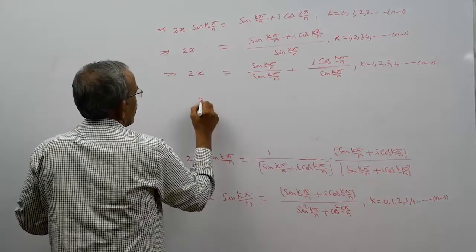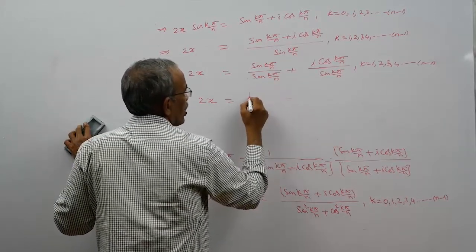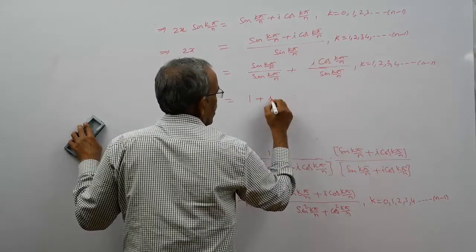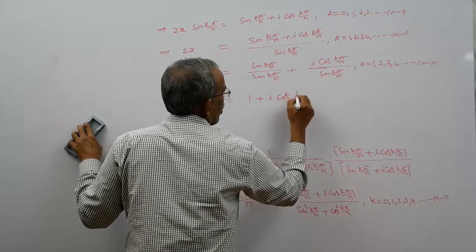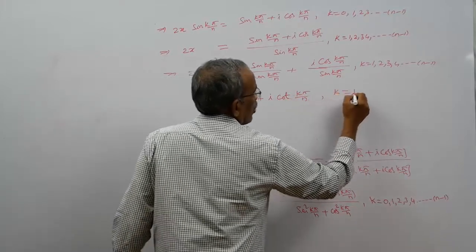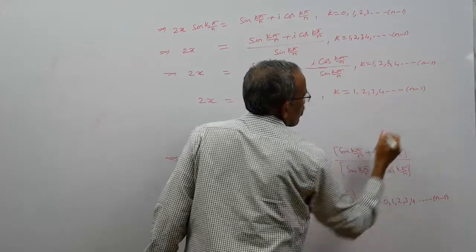That implies 2x is equal to sin kπ/n by sin kπ/n, which is equal to 1, plus i cos kπ/n by sin kπ/n, that is equal to i cot kπ/n, where k equal to 1, 2, 3, 4 up to n minus 1.